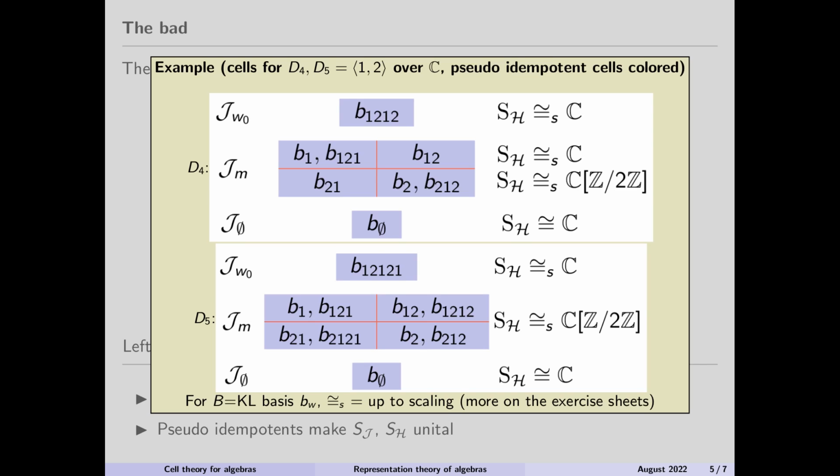Let me write it down in the simplified way for you. I just record now the number of elements. One element. Here is a little bit annoying. So for D4, let's say 2 elements, 1 element, 1 element.